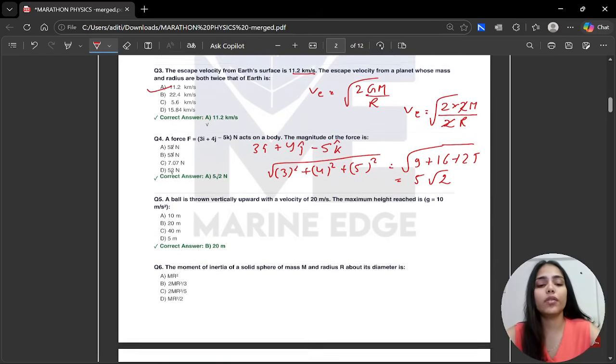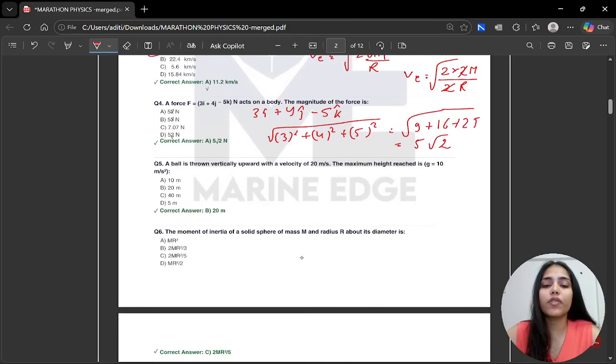Now moving forward, a ball is thrown vertically upward with the velocity of 20 meters per second. So initial velocity is 20. The maximum height reached is asked. At maximum height, the velocity of the ball will be 0, right? So v is 0. V square is equal to u square plus 2as, right? And a, the acceleration in this case, will be gravity acting in the opposite direction.